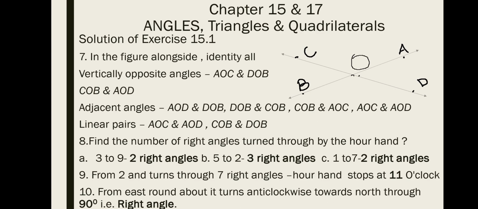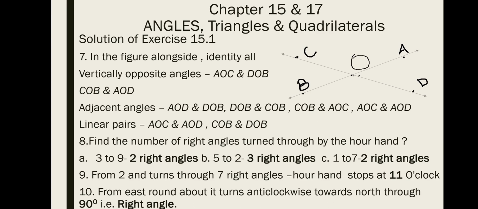Seventh question of solution exercise 15.1, angles chapter. In the figure alongside, identify all vertically opposite angles. They are AOC and DOB, and COB and AOD.